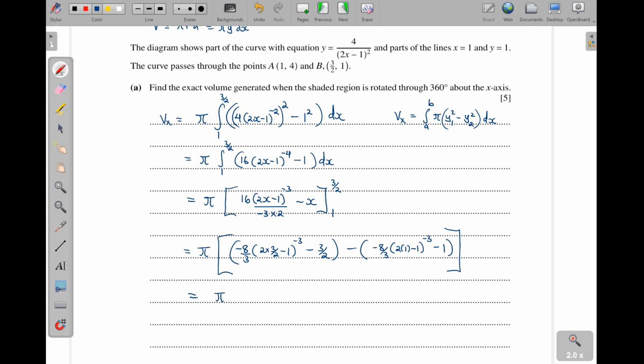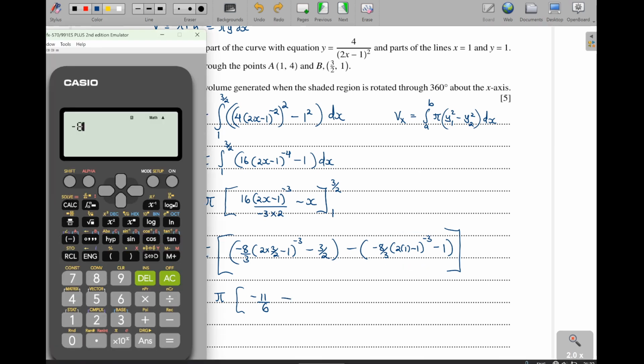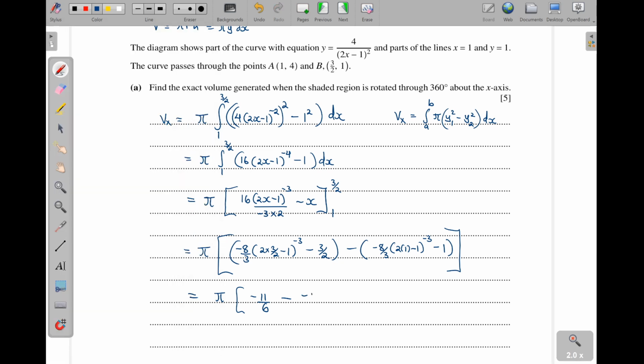So we have pi into negative 11 out of 6, then minus, what do we get here? Negative 8 out of 3. And then inside here we have just a 1. Okay, then minus 1. That one will give us negative 11 over 3.